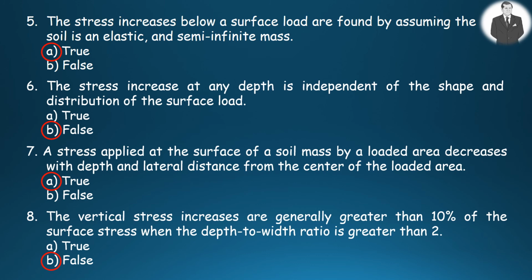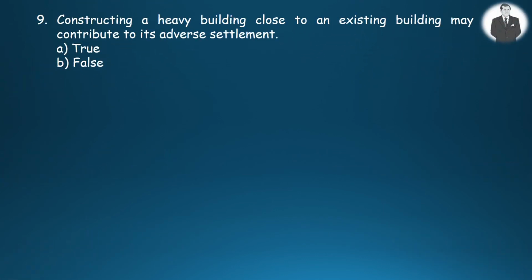If it was, the vertical stresses are generally less than 10%, then your answer would be true. So in this case, the answer is false. Constructing a heavy building close to an existing one may contribute to its detrimental settlement. True or false? It is true. Very good.